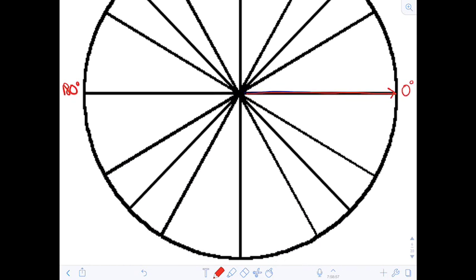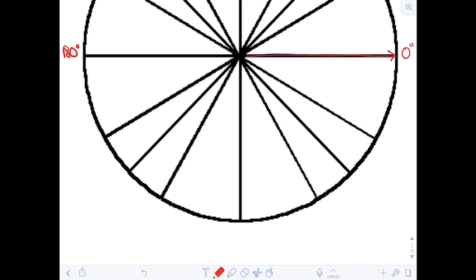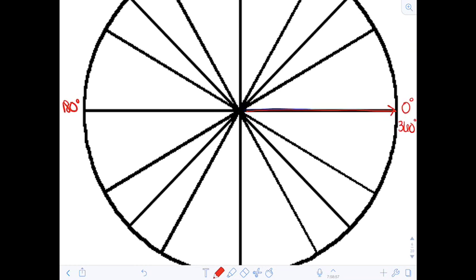Okay. Then another 90 degrees will be 270 degrees. And another 90 degrees will be 360 degrees, back at what looks like the initial side. And we've got 1 full revolution. So 1 revolution is 360 degrees.